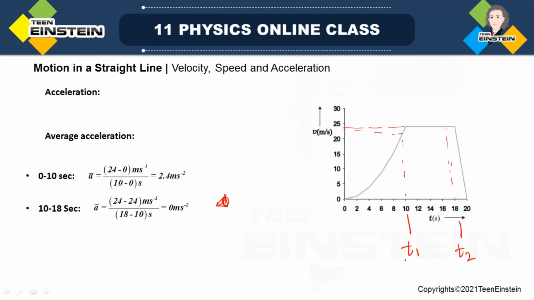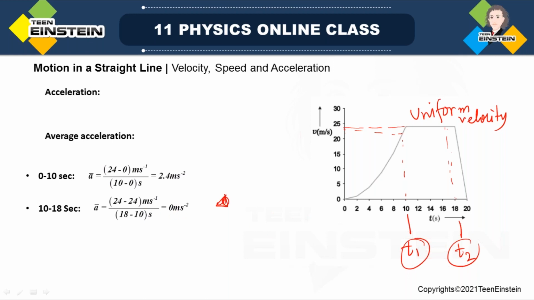So for both 10 and 18, this portion is uniform velocity. That means at t1, 10 seconds, the velocity is 24 meter per second, and at 18 seconds it is also 24 meter per second.